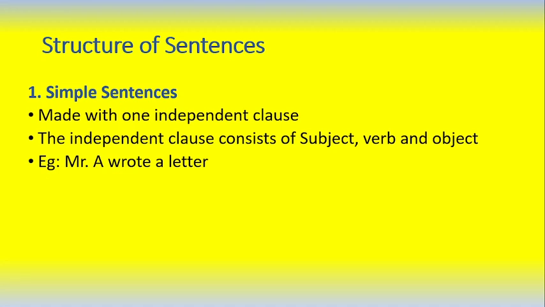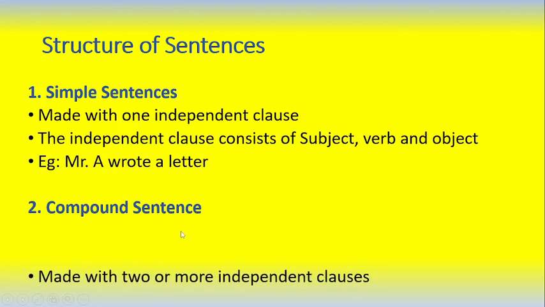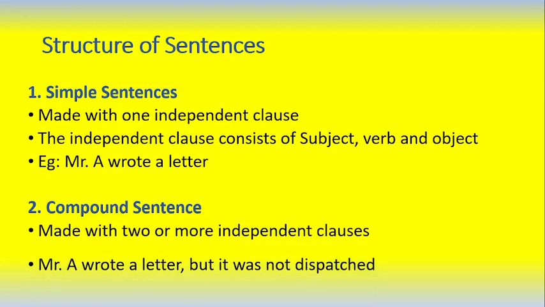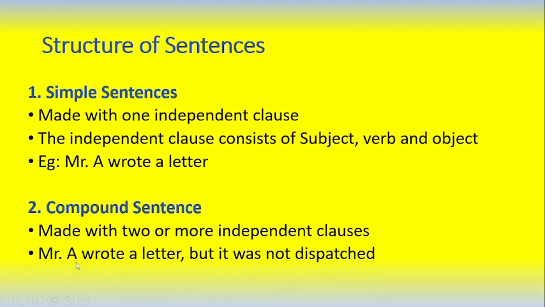Now let us understand the next one, the compound sentence. What is a compound sentence? It is a combination of two independent clauses. It can be two or more. When two independent clauses come together, it becomes a compound sentence. Example: Mr. A wrote a letter, but it was not dispatched.